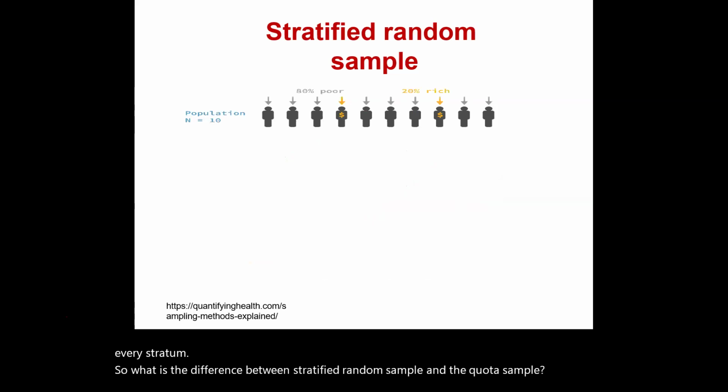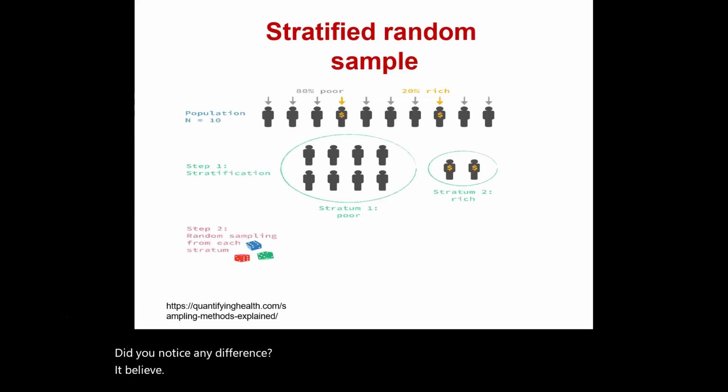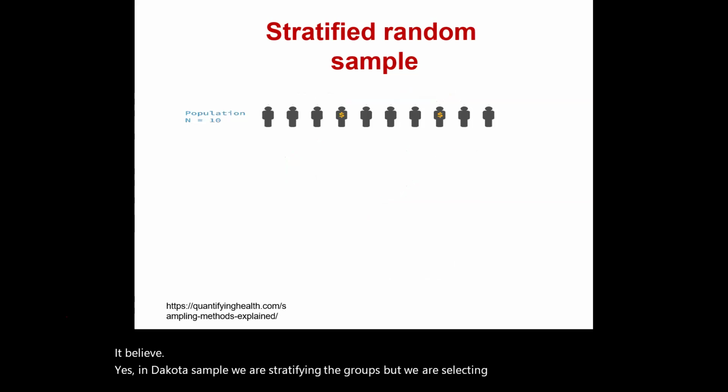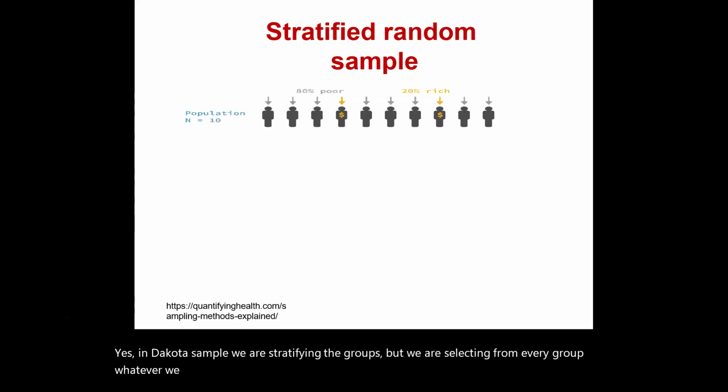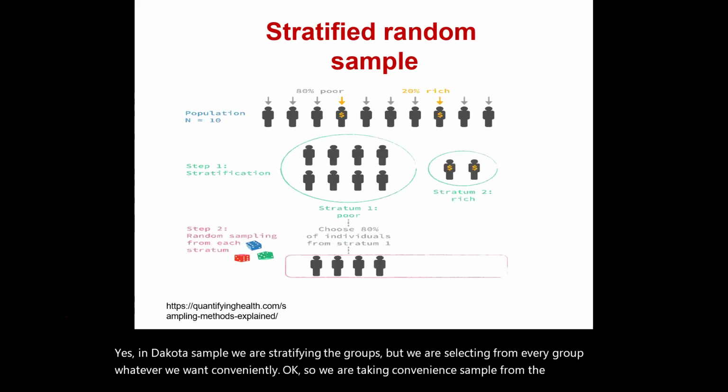Did you notice any difference? No randomization in the quota. Yes, in the quota sample, we are stratifying the groups, but we are selecting from every group whatever we want, conveniently. Okay, so we are taking convenience sample from the strata that we choose in the quota sample.